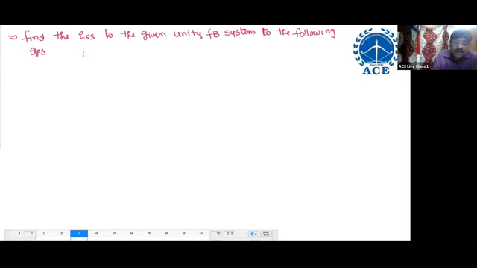So G of S equals 10 by S into S plus 2, you take, no problem.